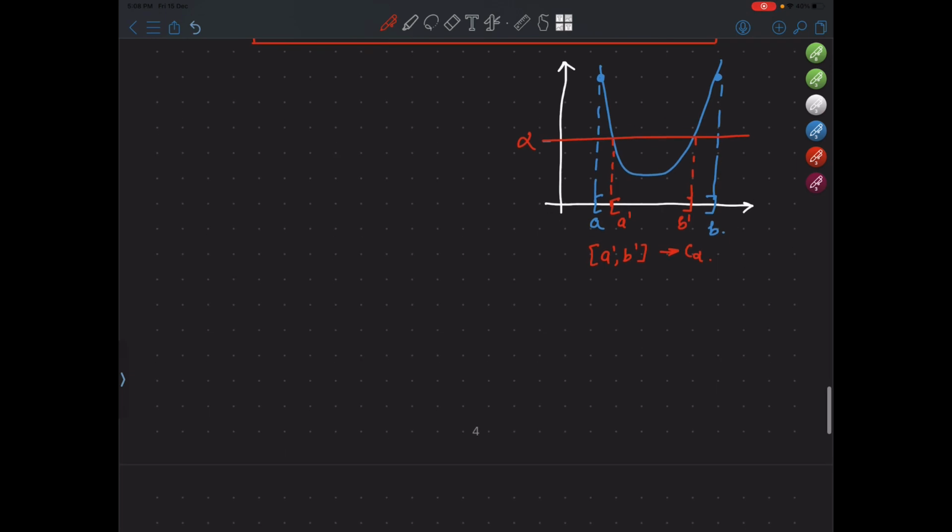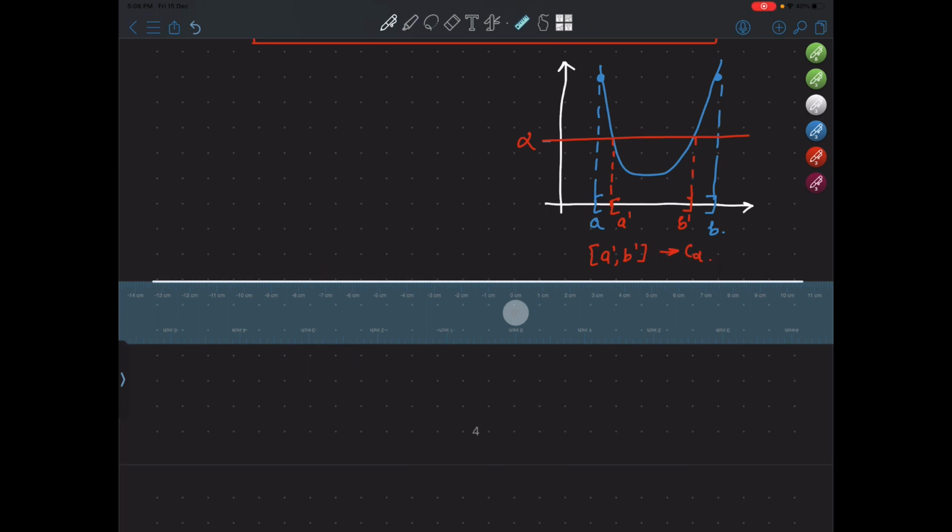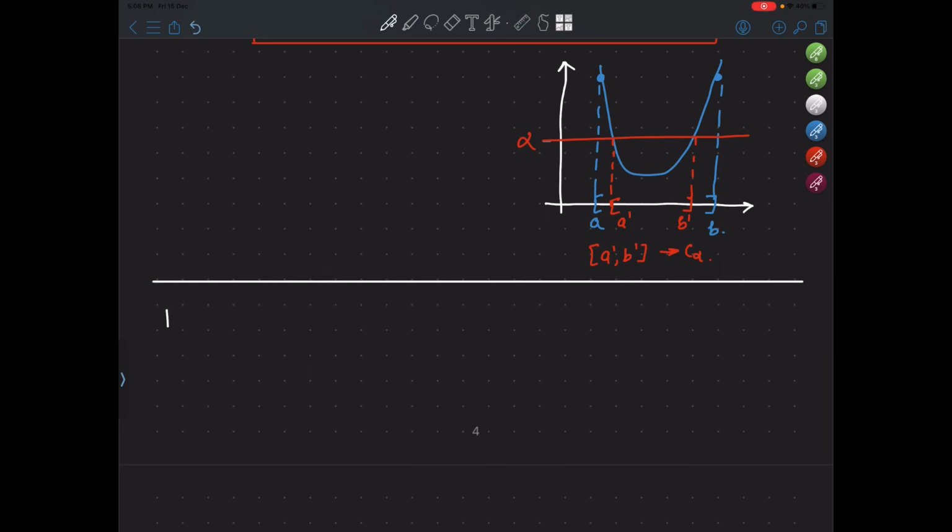I'll just say that there is a very important result related to level sets, which we'll discuss now. We'll discuss it as a theorem.